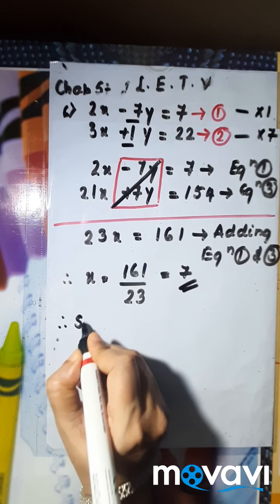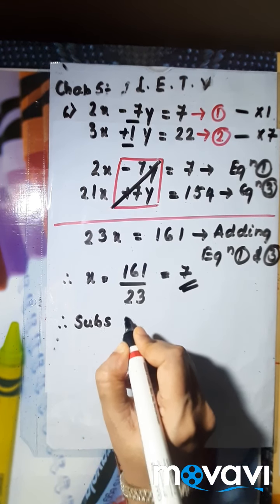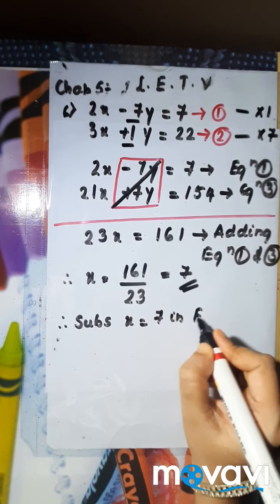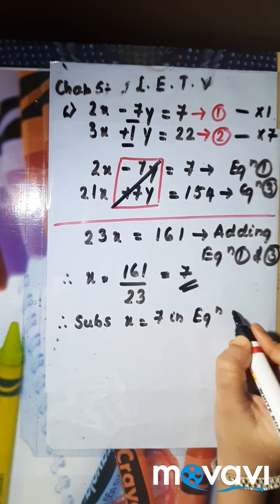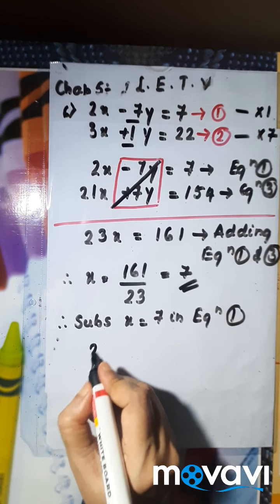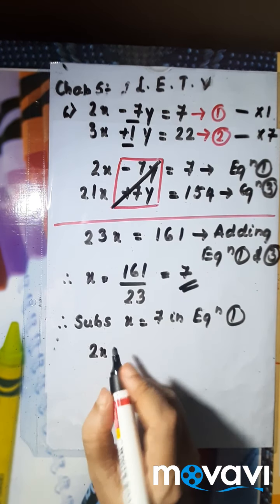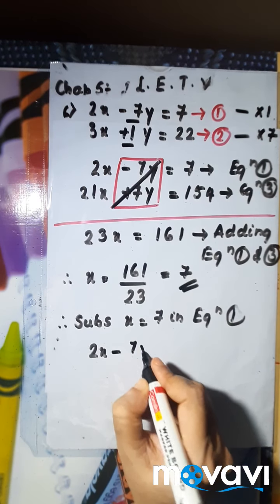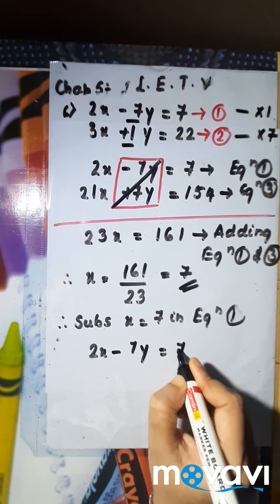Therefore, substituting x equal to 7 in equation 1. 2x minus 7y equals to 7.